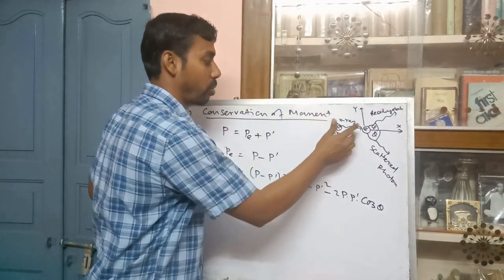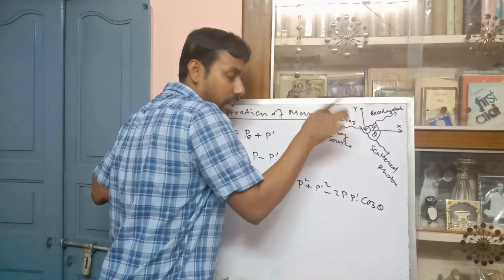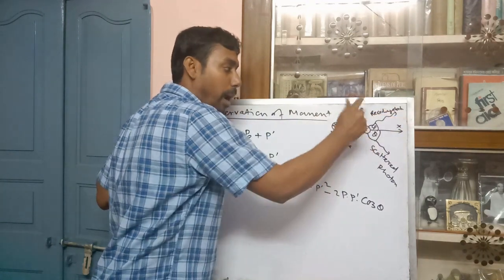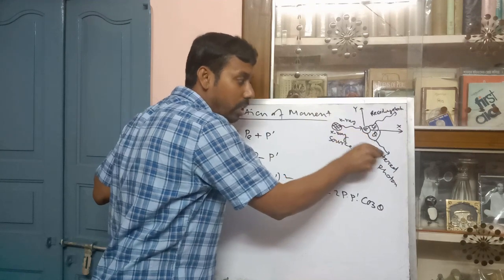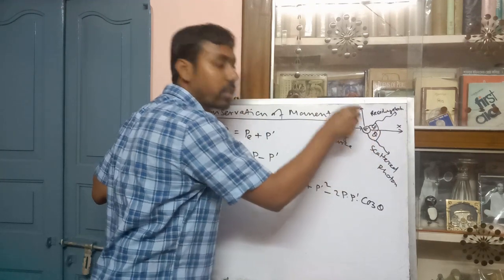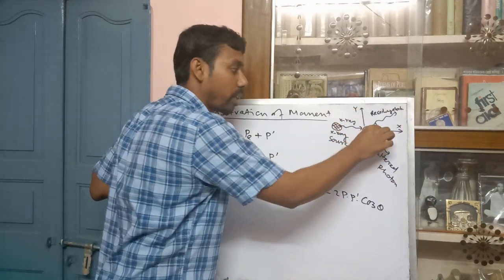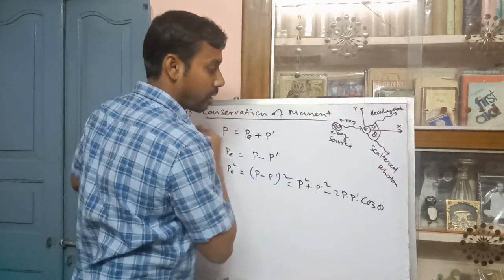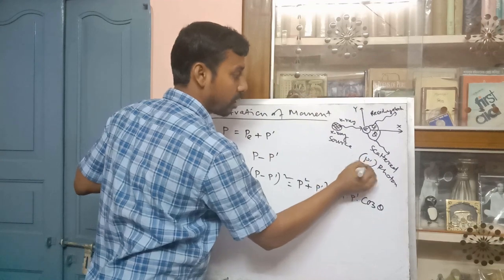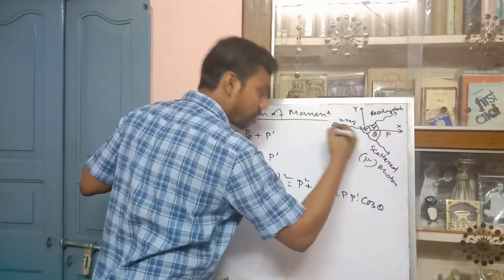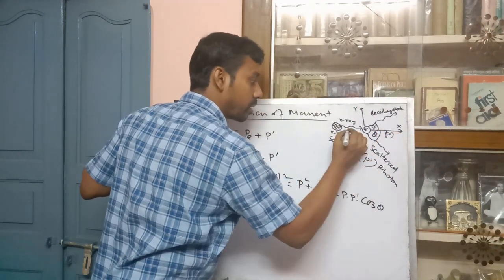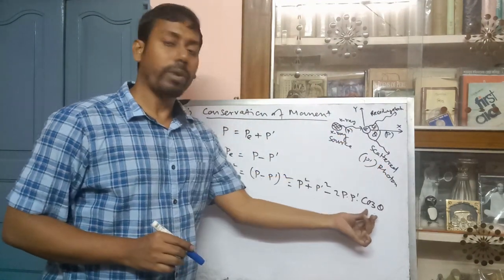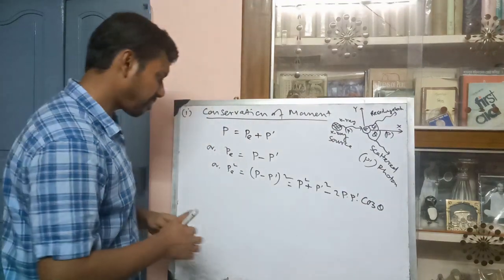The X-ray is going in the positive x-axis direction, and after scattering it is going in this direction, making an angle theta with the x-axis. So there will be a dot product between the momentum P and P dash, multiplied by cos theta.